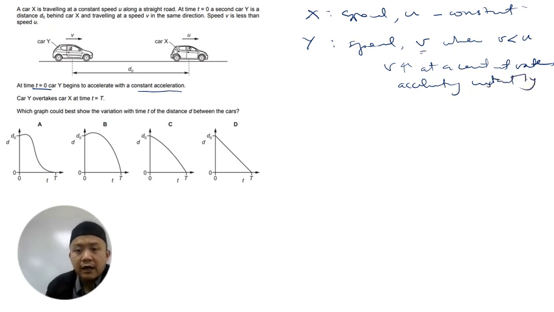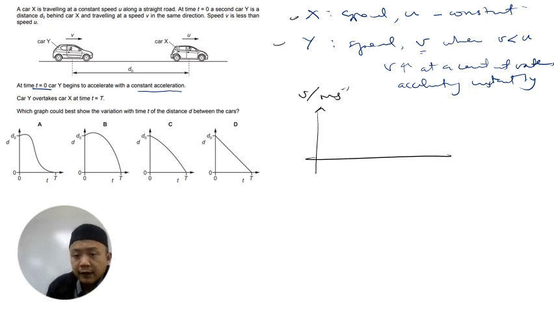Okay, so now we can draw a graph that represents the relationship between these two, X and Y. We can draw the velocity-time graph first, v in meters per second, as well as time in seconds. So we have u for car X, which is constant throughout time, so we just label this as u.